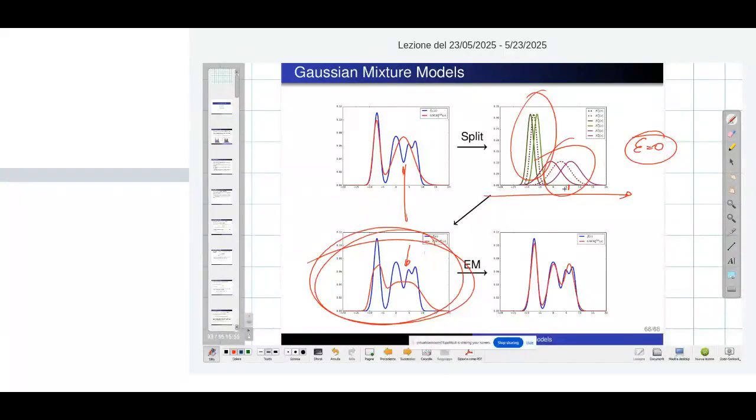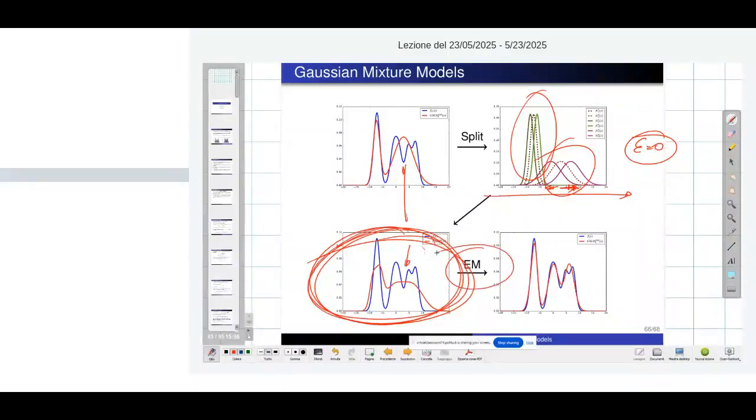So we need this split to be non-zero, otherwise we start from a bad local maximum for the new model. But if the split is not too large, but sufficiently large, we'll see how to make it reasonably large in the laboratory. This will be our initial model.